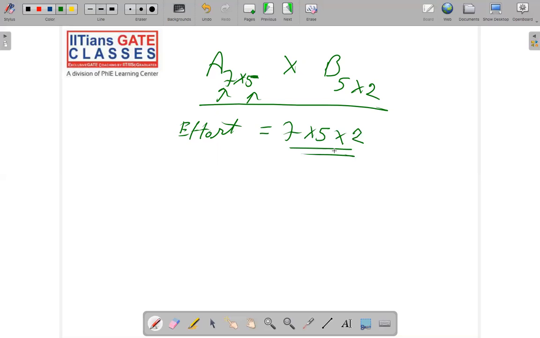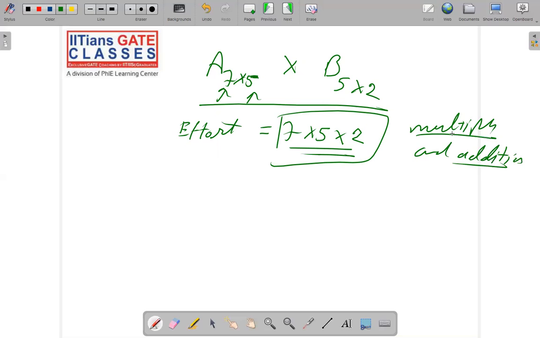If you calculate all the multiplication and addition operations you do to multiply these two matrices, this is the total effort.